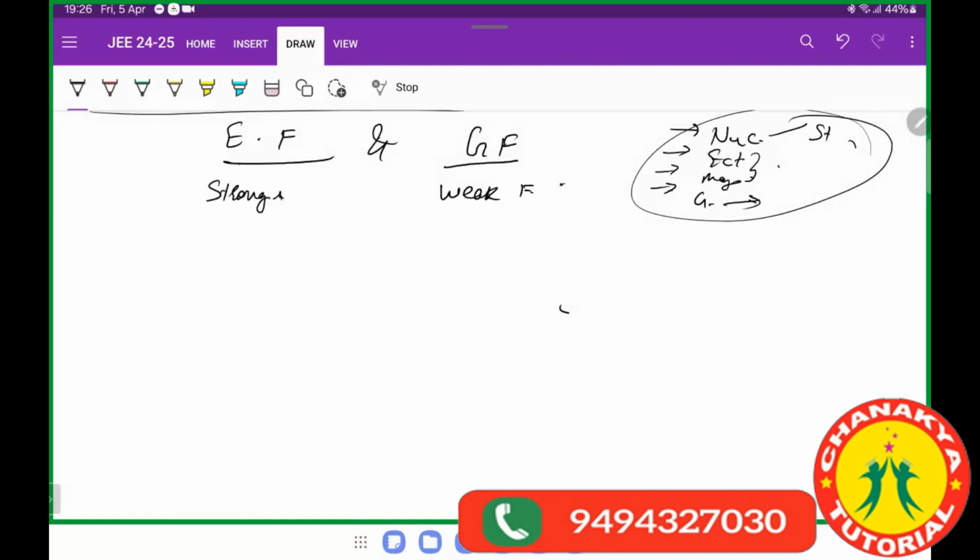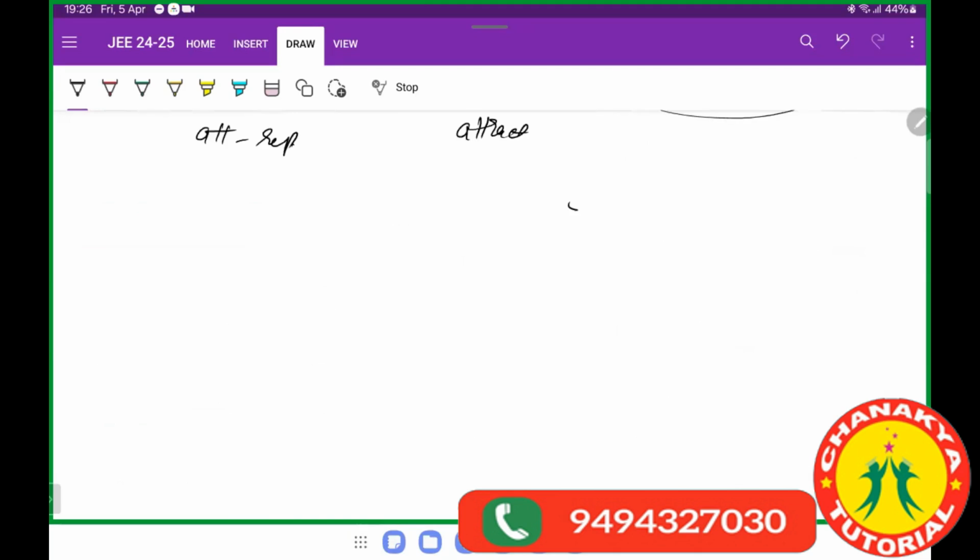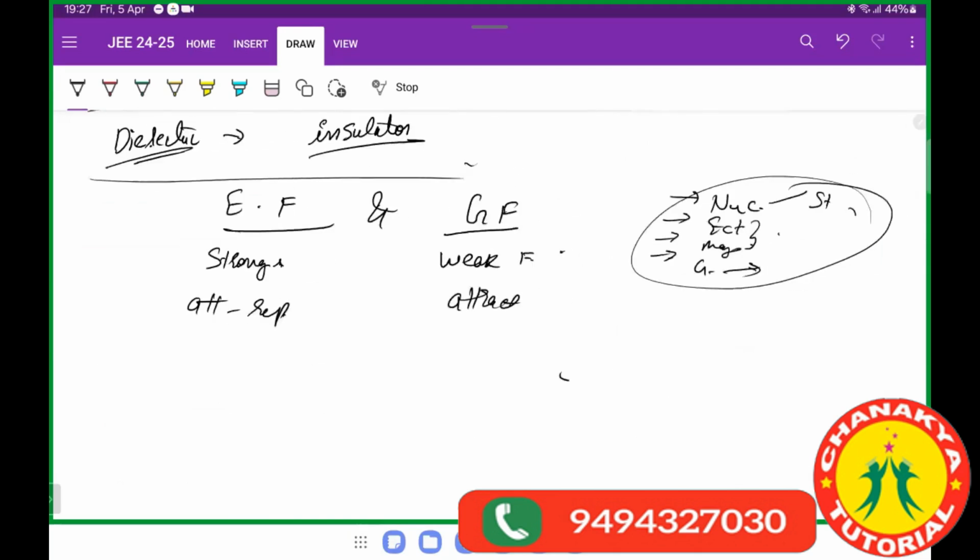So is gravitational force attractive or repulsive? Gravitational force is only attractive, whereas electrostatic force is both repulsive and attractive. Charge can be attracted and repelled.